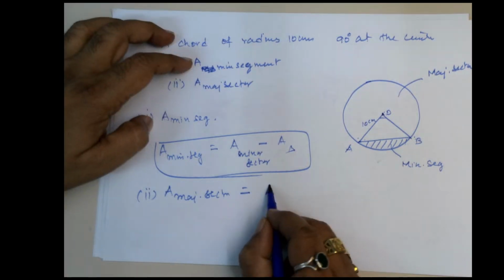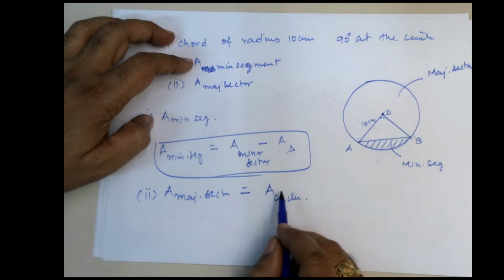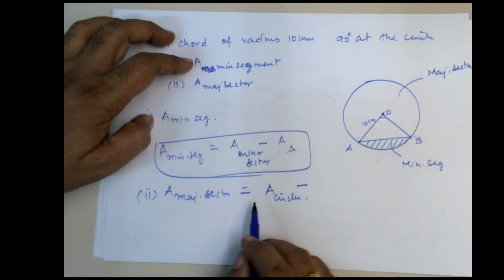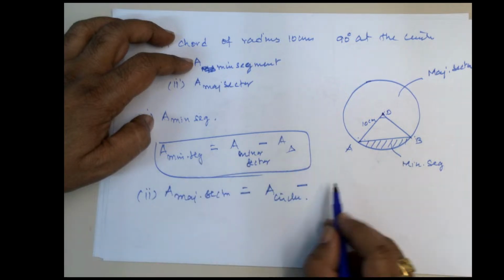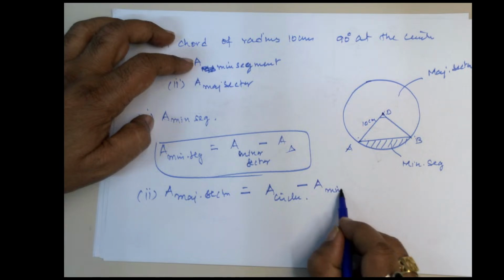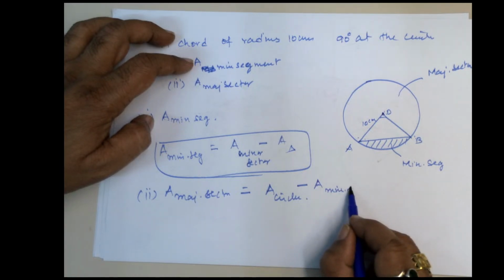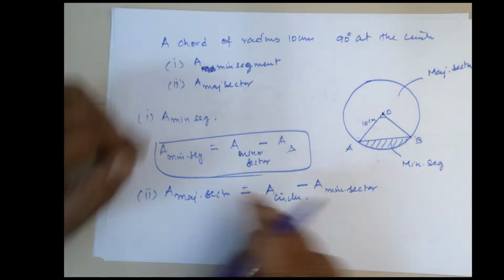So area of circle with the radius 10 centimeter, that is pi r squared, minus the area of the minor sector. You know the formula for sector area. So this is the way you have to calculate, remember.